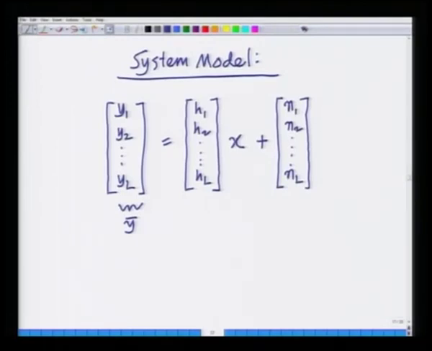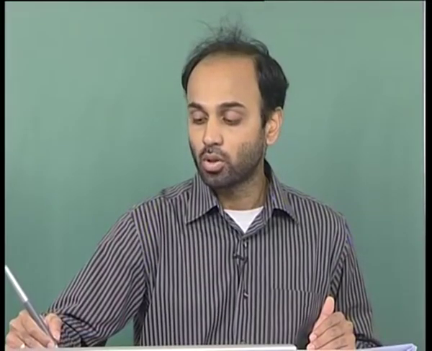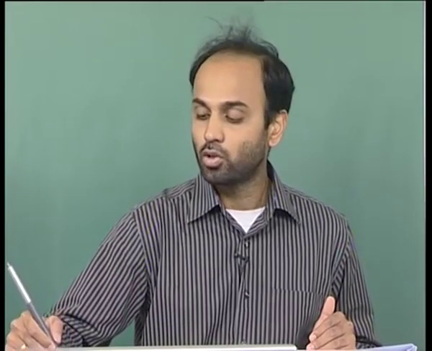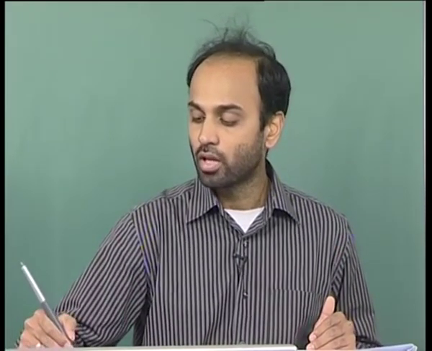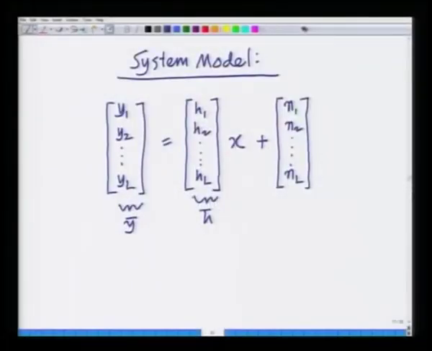So, y bar, an L dimensional vector, comprises elements y1, y2, yL, which are the signals received at receive antenna 1, receive antenna 2, receive antenna L. h bar is the vector channel containing coefficients h1, h2, hL, where h1 is between the transmit antenna and receive antenna 1, h2 is between the transmit antenna and receive antenna 2, so on and so forth, and hL is between the transmit antenna and receive antenna L. Similarly, this is the noise vector n bar, which is a vector of the noise elements at receive antenna 1 through receive antenna L.